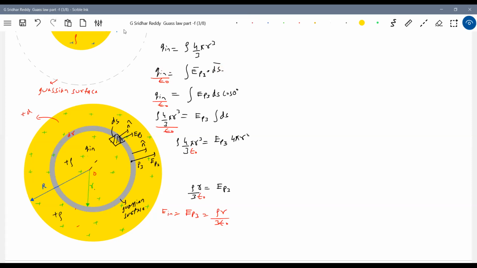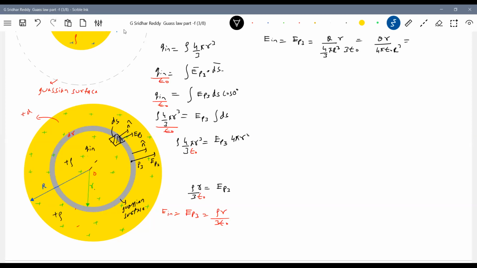Now, what is rho? Charge density. So if I write it, E in at P3 should be equal to Q by 4 by 3 pi R cube, times r by 3 epsilon naught. So this will become Q r by 4 pi epsilon naught R cube.